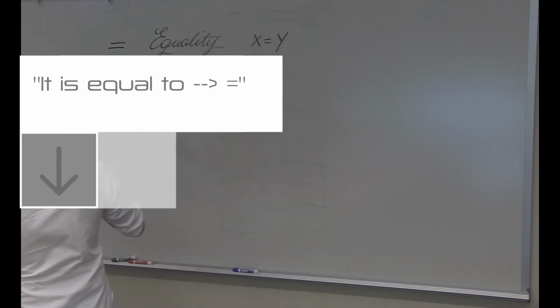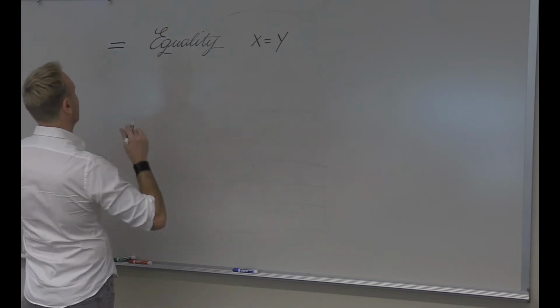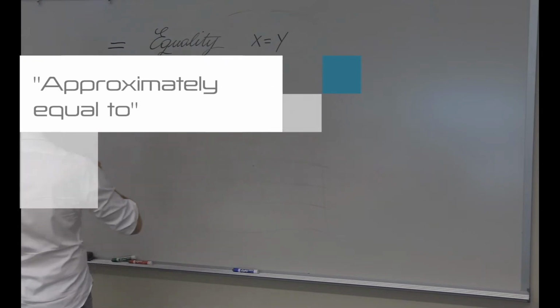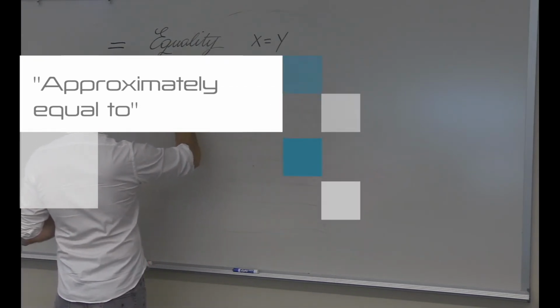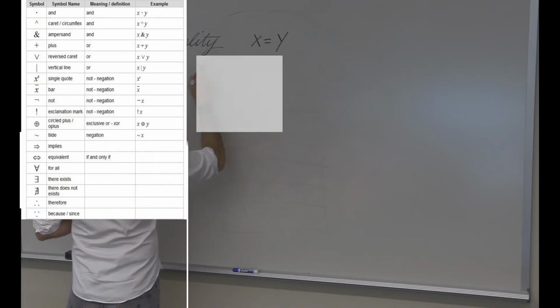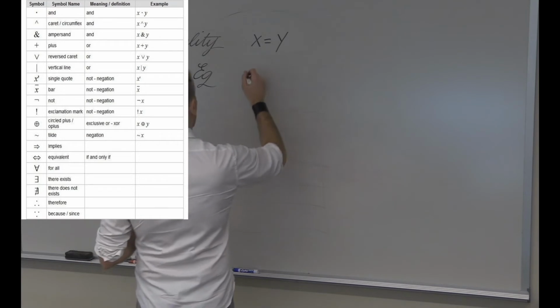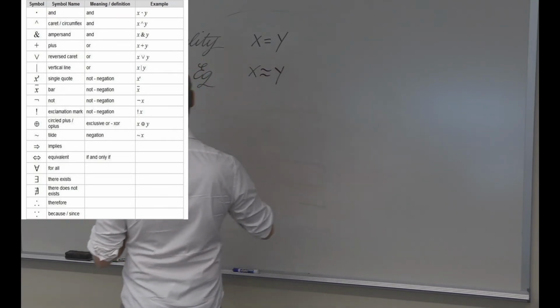Let's continue. How about if it's approximately equal? Well, you will use this wave-like symbol, okay? So approximately equal, okay? So for instance, x and y are almost equal.